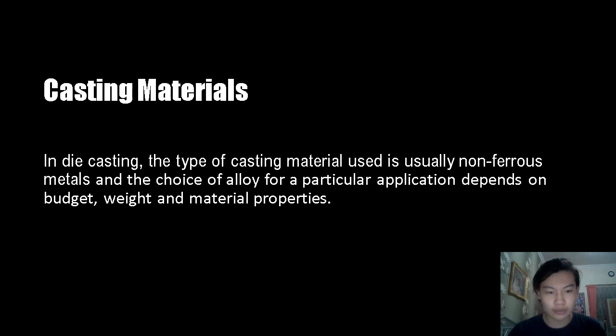It is because aluminum is lightweight, has a low melting temperature, and is versatile and corrosion resistant. It also retains high dimensional stability within walls and can be used in almost any industry. Other than aluminum, zinc, magnesium, copper, lead, and tin can also be used in die casting.